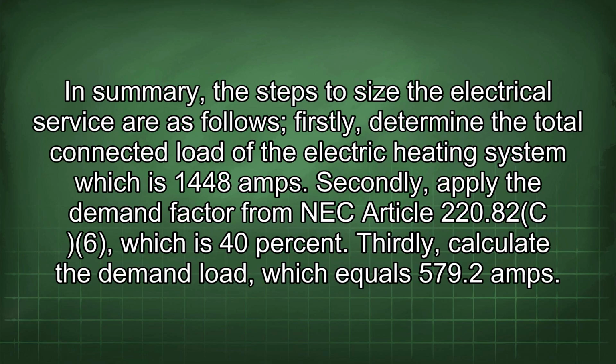In summary, the steps to size the electrical service are as follows. Firstly, determine the total connected load of the electric heating system, which is 1448 amps. Secondly, apply the demand factor from NEC Article 220.82(C)(6), which is 40%. Thirdly, calculate the demand load, which equals 579.2 amps.